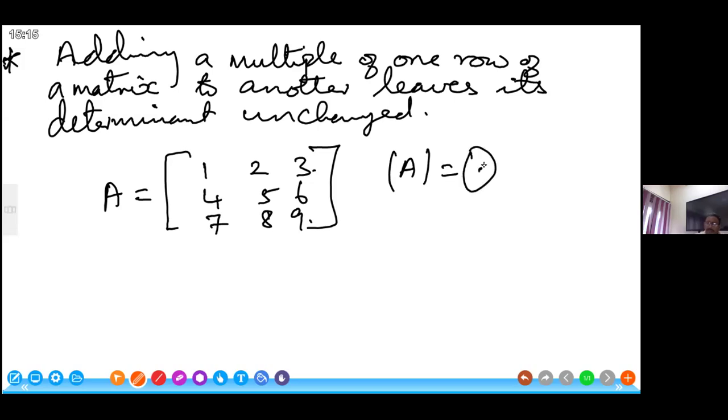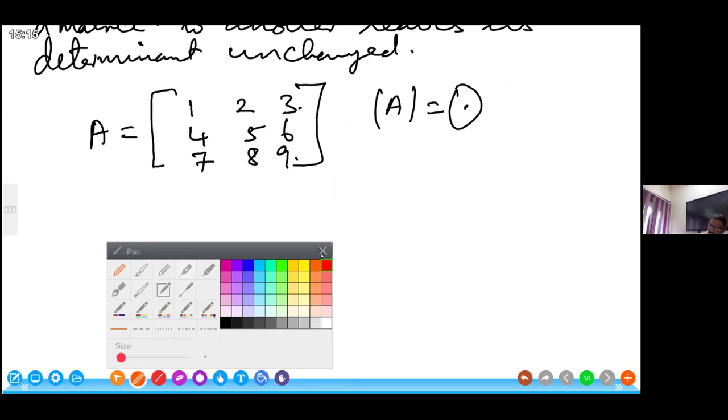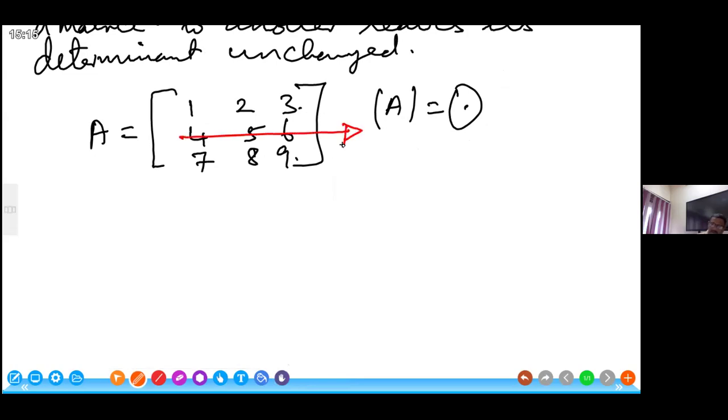We said the determinant for this is 0. Isn't it? Right. Now what I am going to do is take row number 2, 4, 5, 6, and multiply by 2.